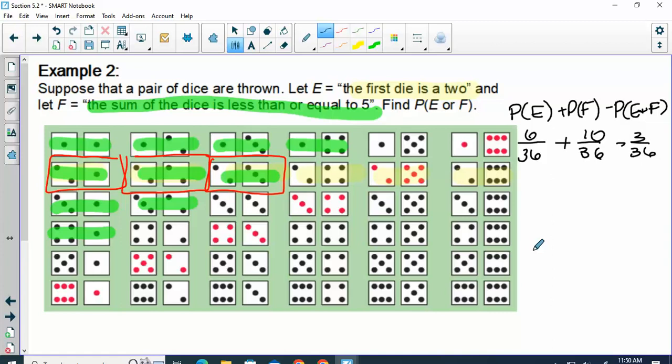Let's go ahead and give the decimal. That means there's slightly over a 36% chance that either we roll a 2 with the first or the sum is less than or equal to 5. Any questions on that example?